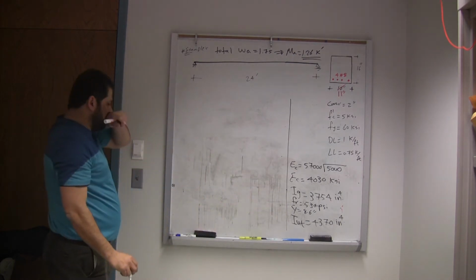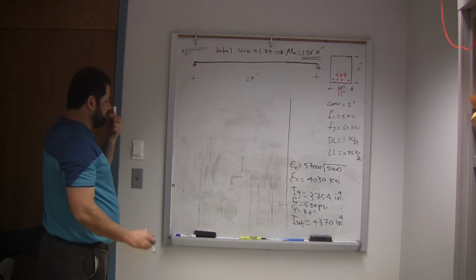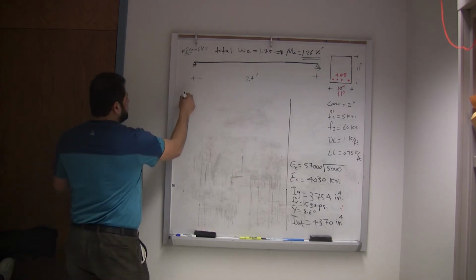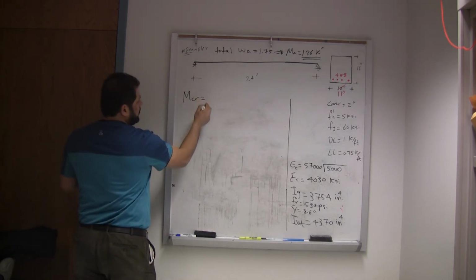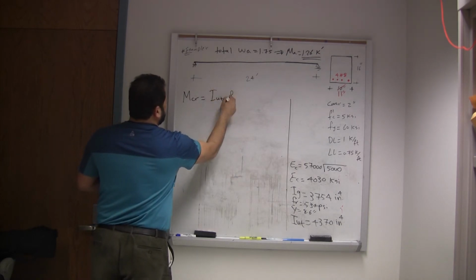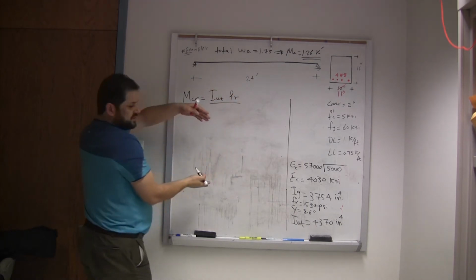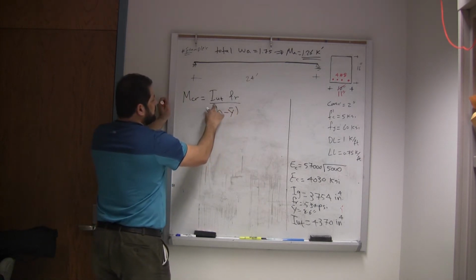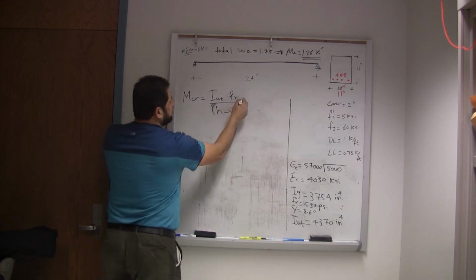Okay, guys? What's left now is M cracking. So M cracking equals I uncracked times f_r over the distance h minus y bar, which is the distance from the neutral axis to the tension face.